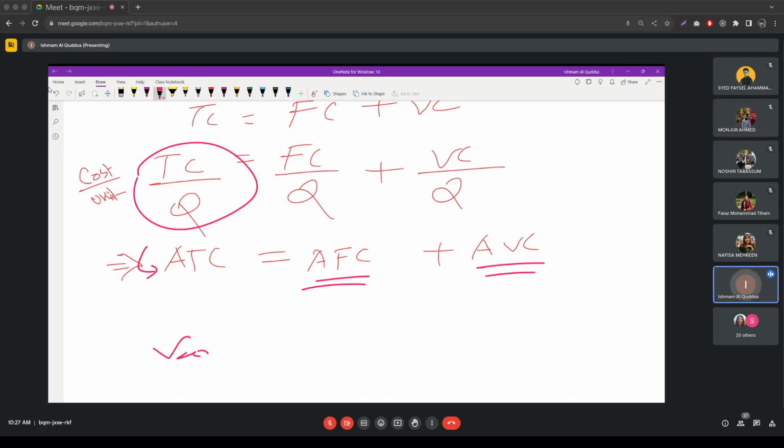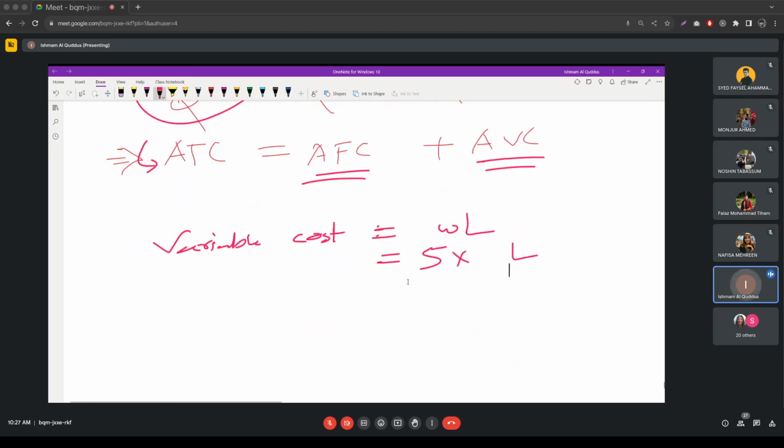So variable cost is nothing but the cost that changes. For example, let's say variable cost equals WL. So wage, let's say this is fixed. Let's say $5 times L. Now L can be anything.